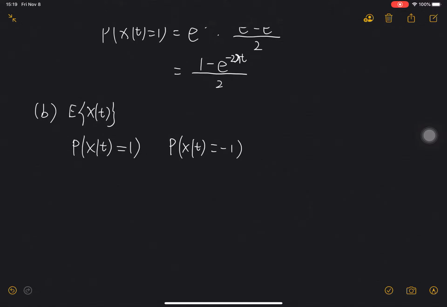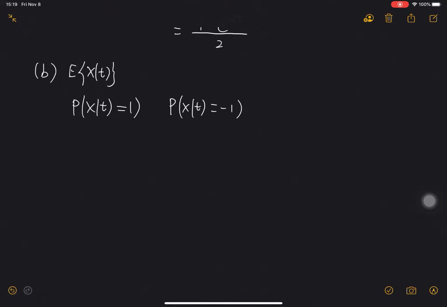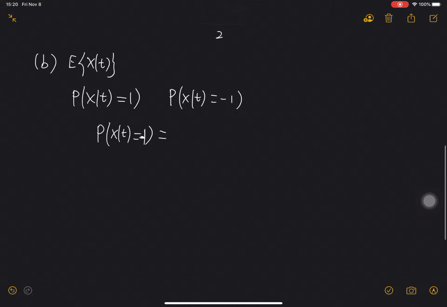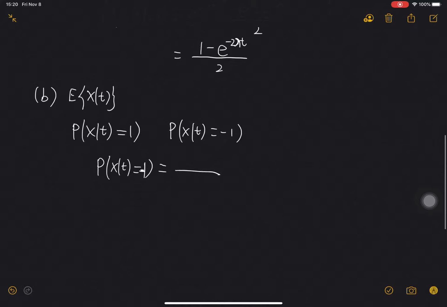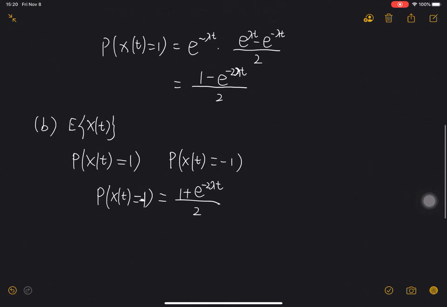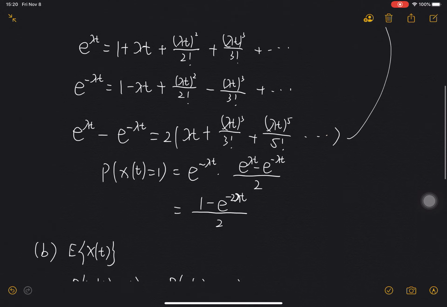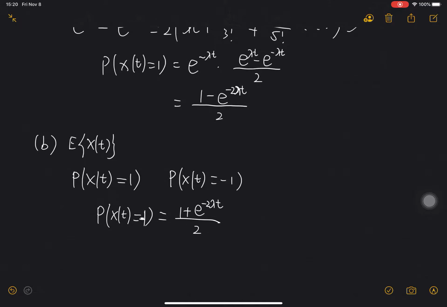We have the probability of X(t) equals 1 right now, but we need the probability of X(t) to be minus 1, and it's also the same. The probability of X(t) to be minus 1 should be (1 plus e to the minus 2 lambda t) over 2. All the process to get this result is the same as question A, so I just skip it.